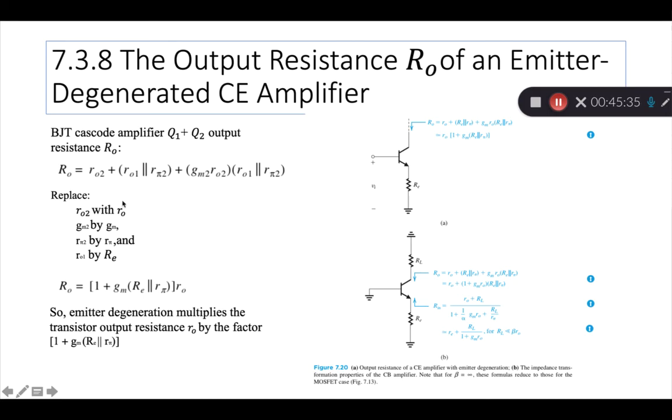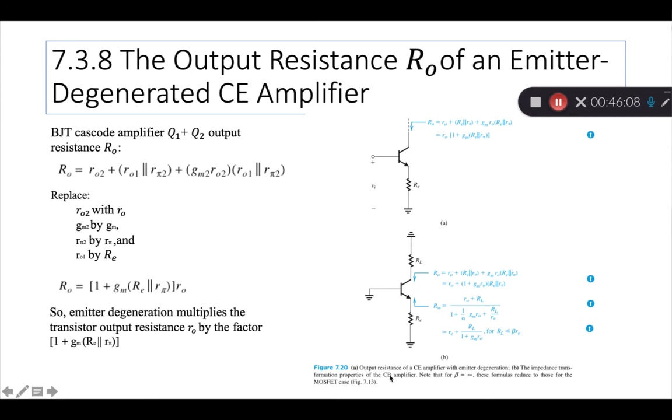For the cascoded amplifier, this is the output resistance formula, right? So if you take out all the cascoding business and just put in RE and the other single transistor factors, then what you get is a formula similar to the cascode case, is what this slide is supposed to tell us.